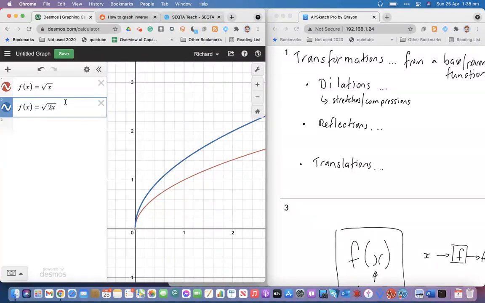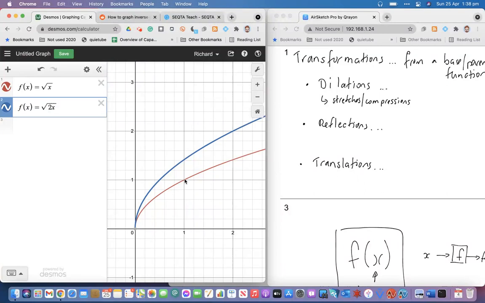And it's probably not immediately obvious what's happened, but this value here, 1, is now found over here at 0.5. So because we are affecting the input now, we've replaced x with 2x. Okay, it's a replacement of the input x with now 2x.